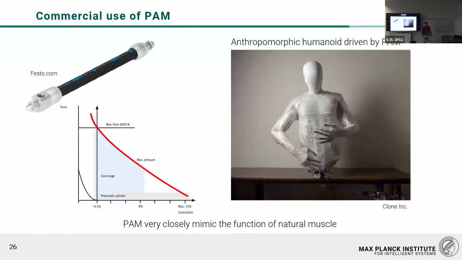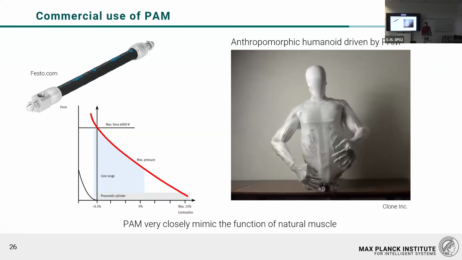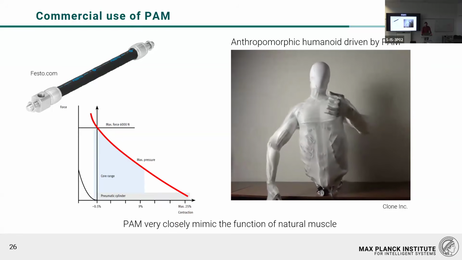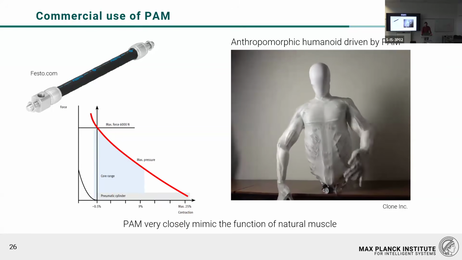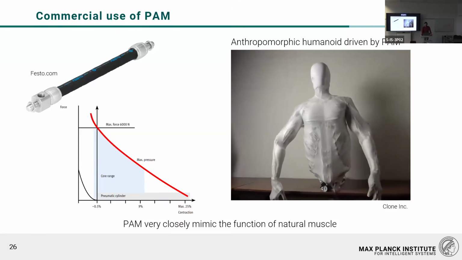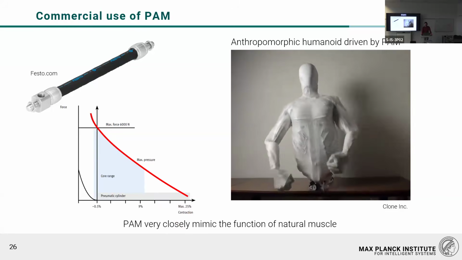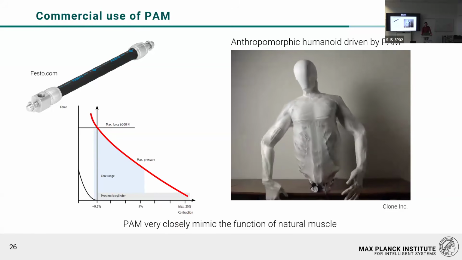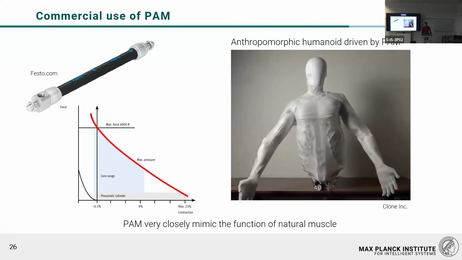Here that's Clone Robotics. They are trying to make a humanoid robot driven by pneumatic artificial muscles in a completely anthropomorphic way. So you even see that the muscles here look very natural.